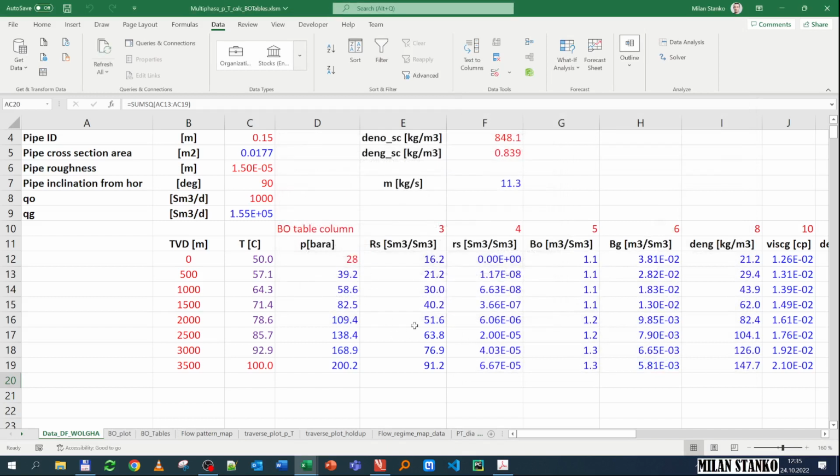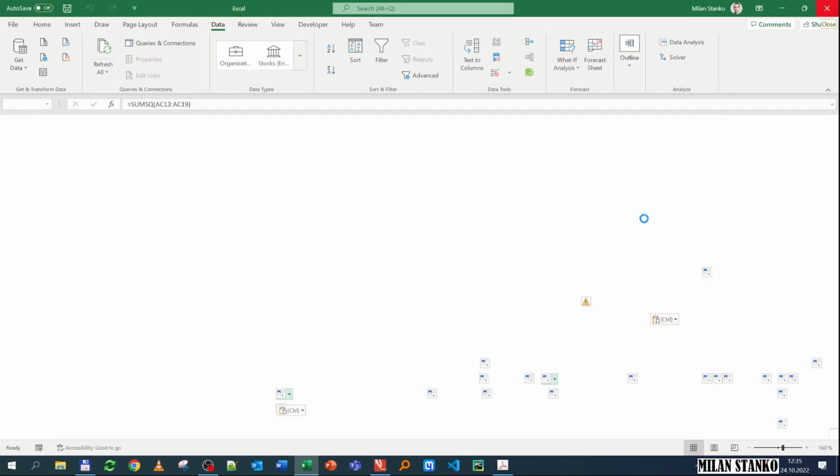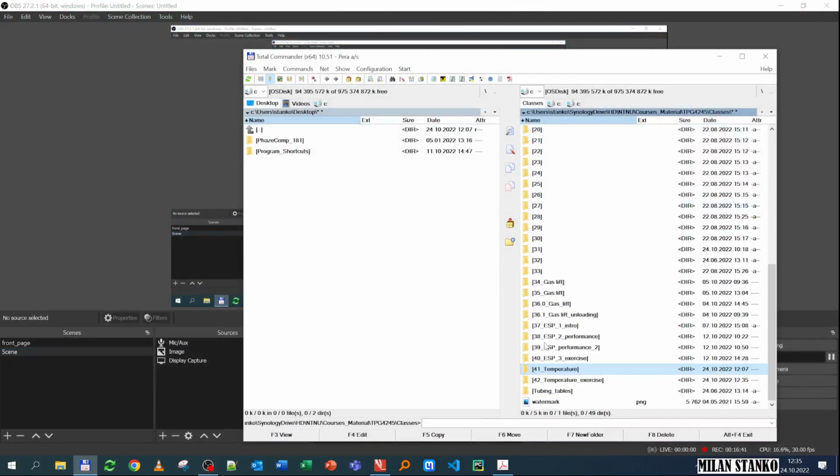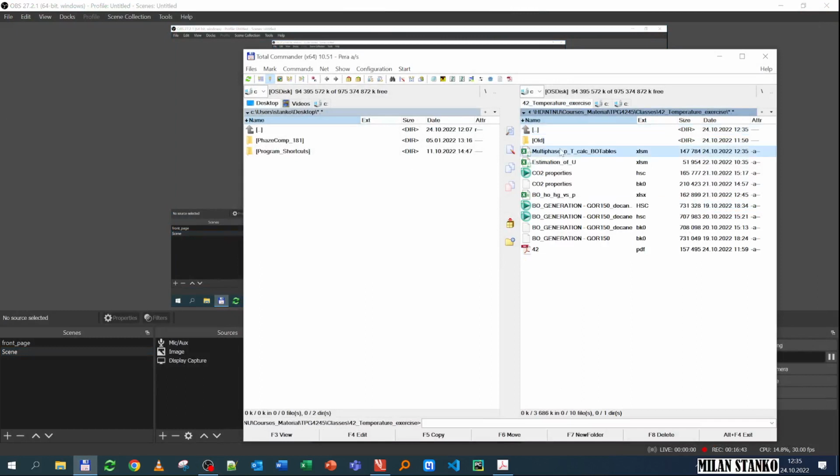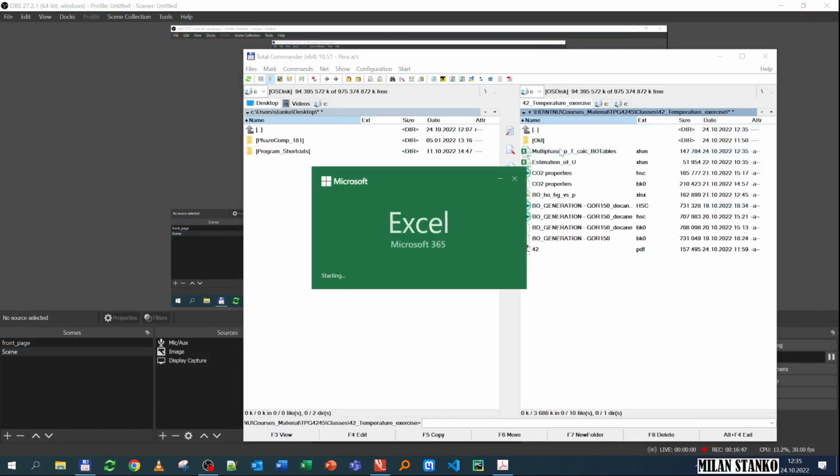Okay, we run into trouble, and this sometimes happens because we have this interpolation function that causes problems. So we save and then close and then open the file again. And let's see if now it works.